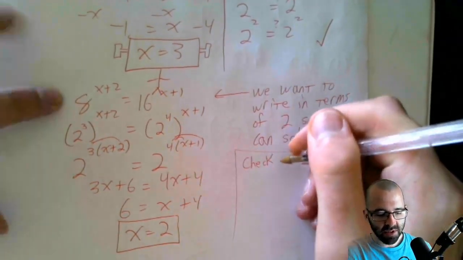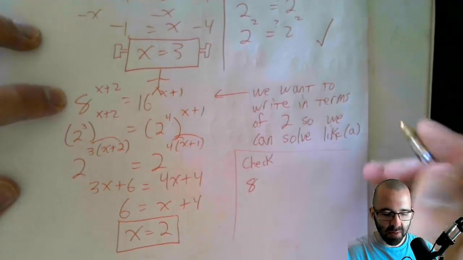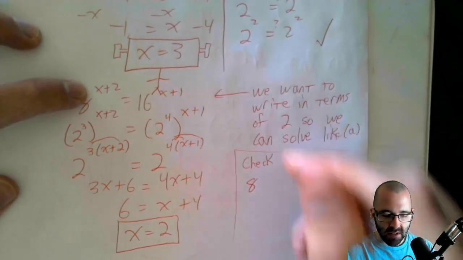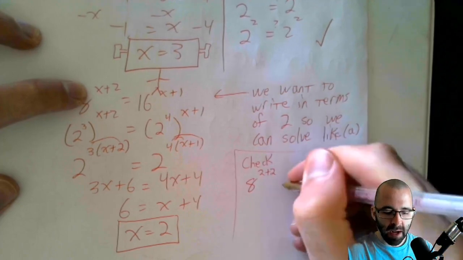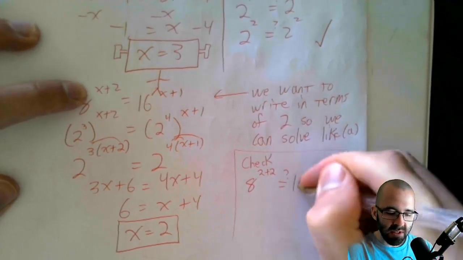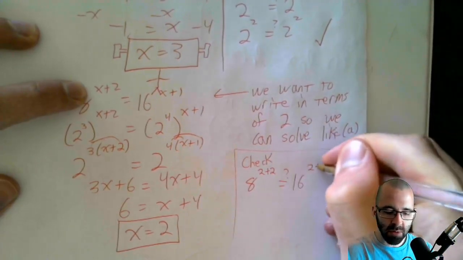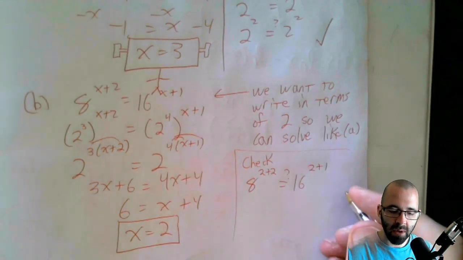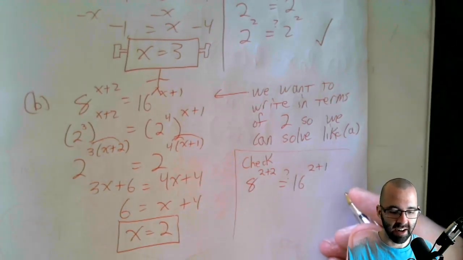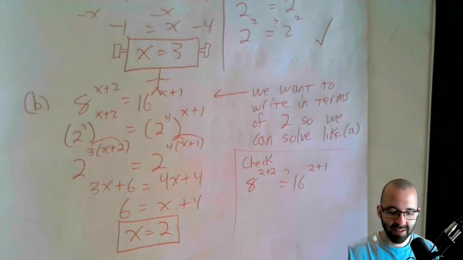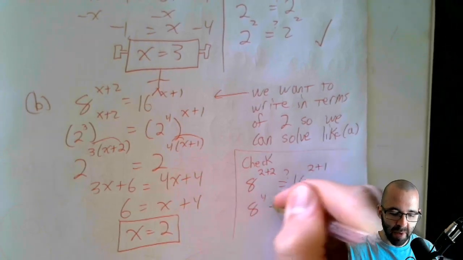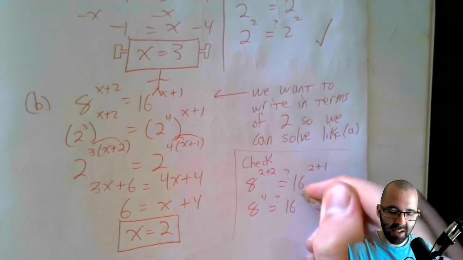So if we plug x equals 2 into the original equation, is it a true statement? Is 8 to the 2 plus 2th power equal to 16 to the 2 plus 1th power? I have no idea. Right? Is 8 to the 4th power equal to 16 cubed?